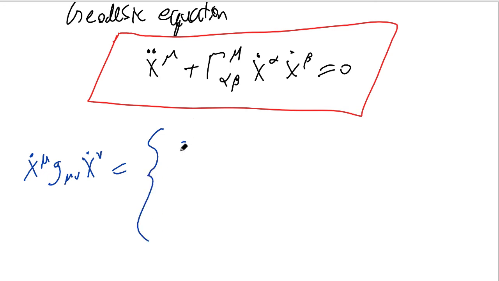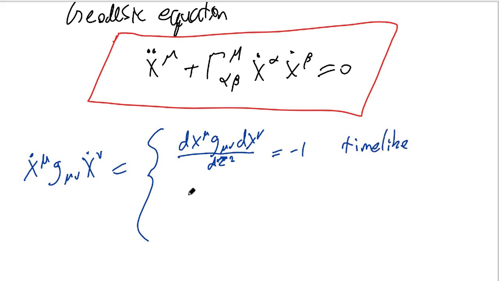In the time-like case, this is just dx mu, g mu nu, dx nu over d tau squared. But the numerator is minus d tau squared, so this is minus 1. So this is the case for a time-like geodesic. For a space-like geodesic, we have dx mu, g mu nu, dx nu over ds squared.